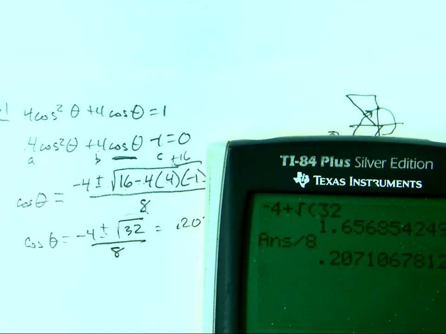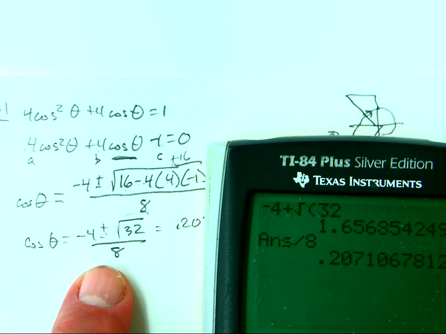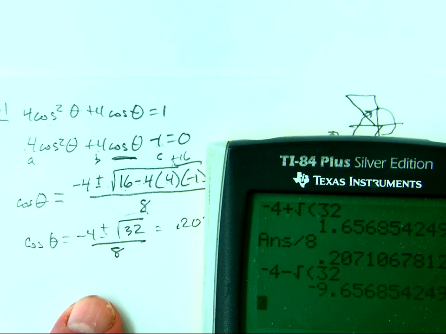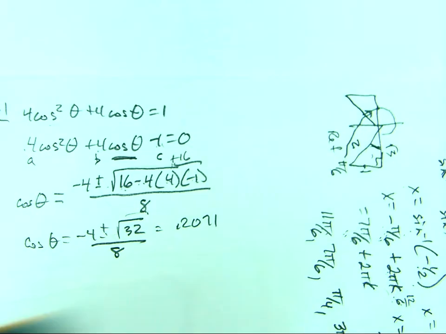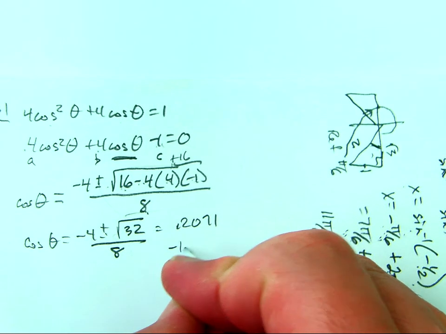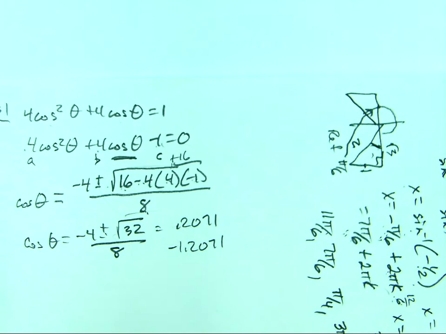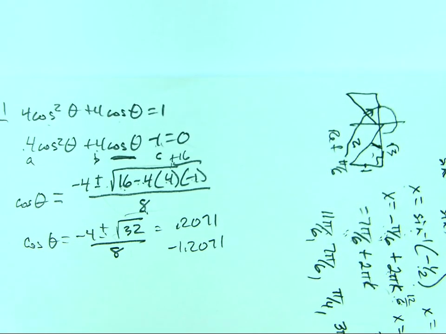Now let's do the minus one also, because it could be minus in there. So negative 4 minus the square root of 32 divided by 8. I get negative 1.2071. So we have those two possibilities there.